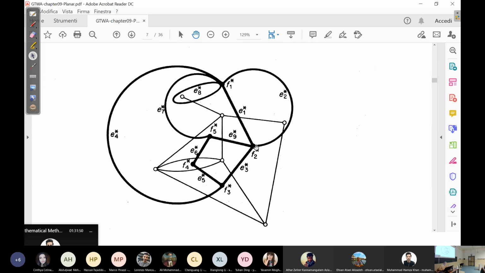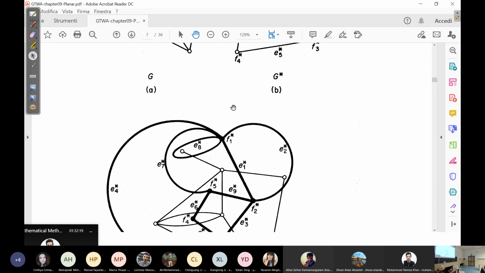So here you can draw one upon the other. And if you draw in this way and take the dual of the dual, you come back to the original plane graph, apart from deforming it a little bit, but surely a graph which is isomorphic to the original one.